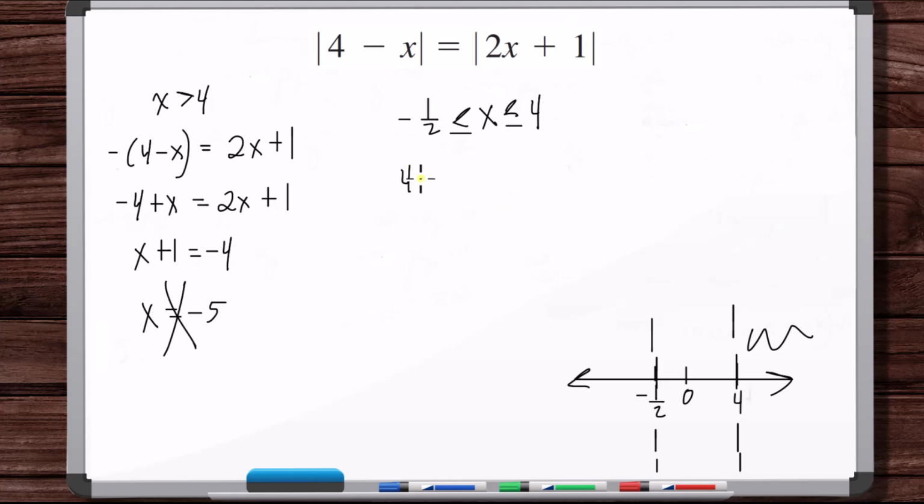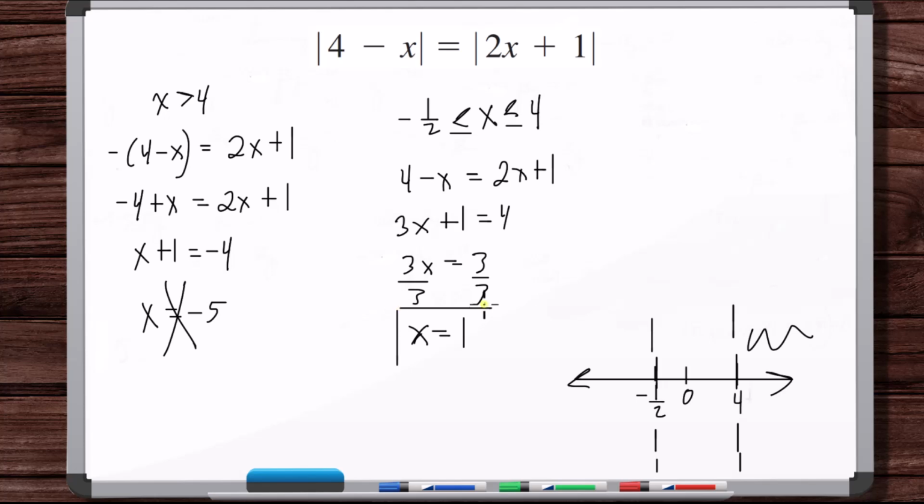So we've got 4 minus x is equal to 2x plus 1. Add x to both sides, subtract 1 from both sides. Okay, x is equal to 1. Is that in this region here? Yes. So that's a solution. So we've accounted for this region.